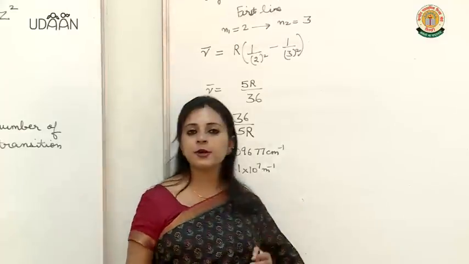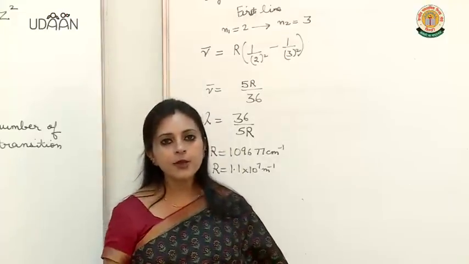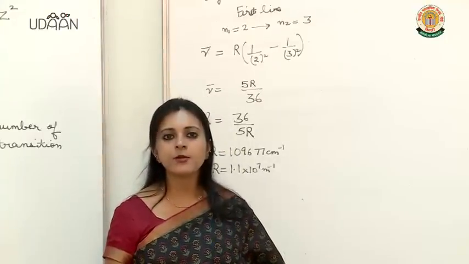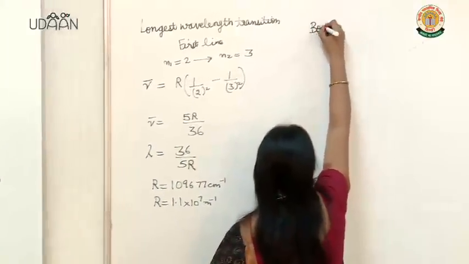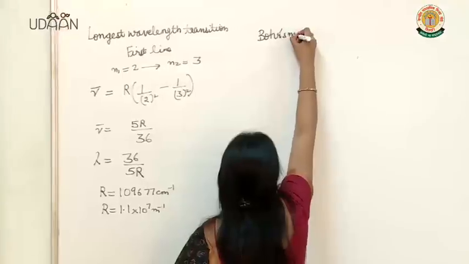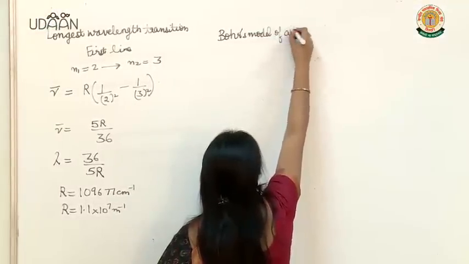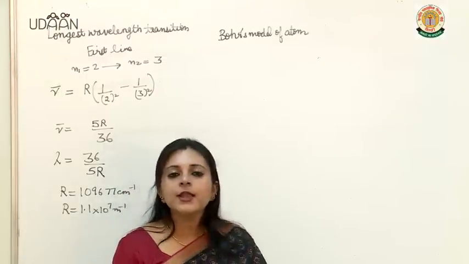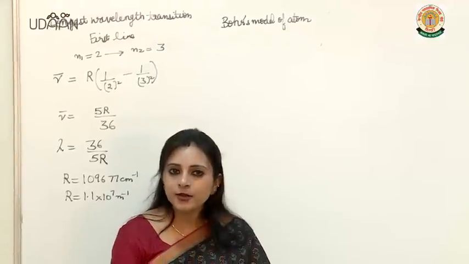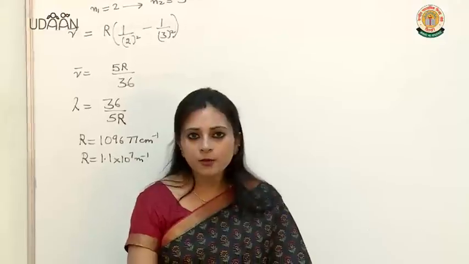After Rutherford's model, because I told you that Rutherford's model was not able to explain the stability of the atom, the next model was Bohr's model of atom. Now what did Bohr's model of atom say? Bohr said that the atom consists of a heavy positively charged body, that is the nucleus, in the center, and electrons are revolving around it in circular orbits.